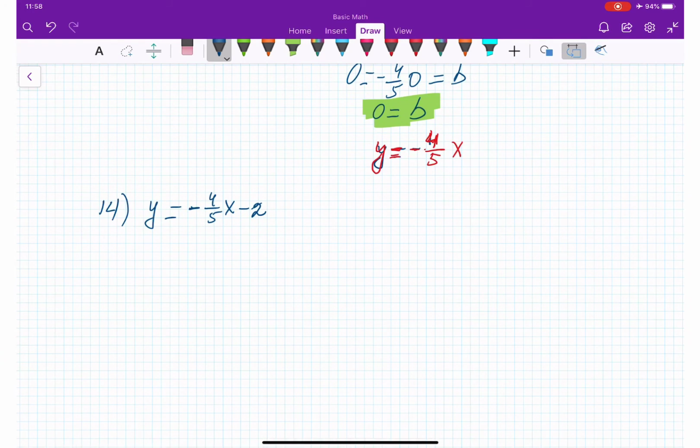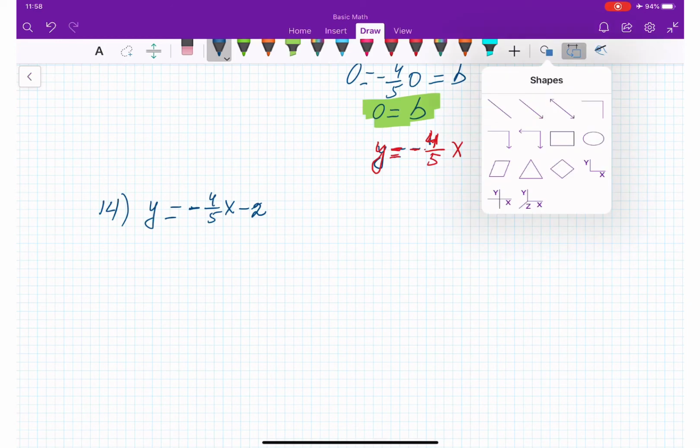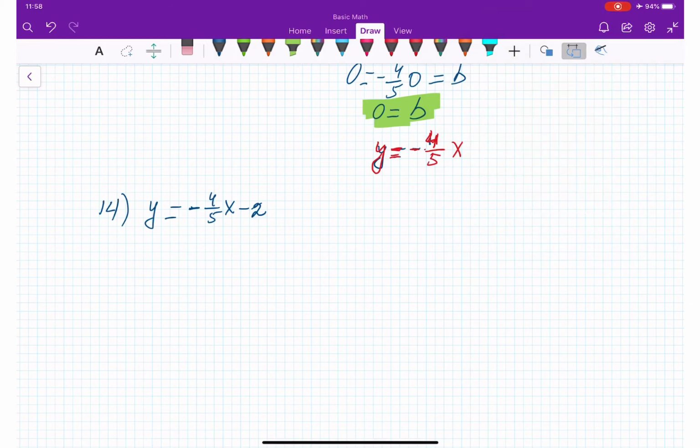Negative 4 over 5x minus 2. Now, use this equation. We need to draw the line. How we are going to draw this line? First of all, let me build the graph, a graphing system.